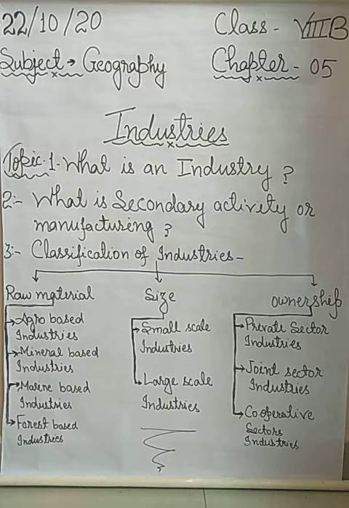So students, some industries use forest based products as raw materials, like using pulp to make paper, using different kinds of herbs and medicinal plants to make different types of medicines for pharmaceuticals, for medical purpose, and woods for making furniture and buildings, etc. So students, these are known as forest based industries.